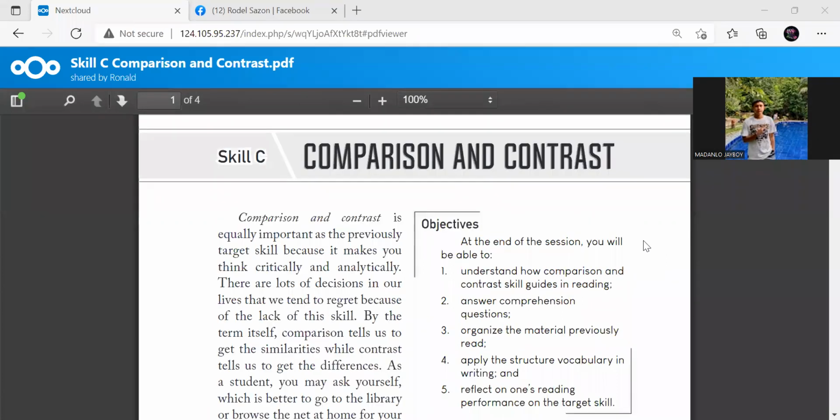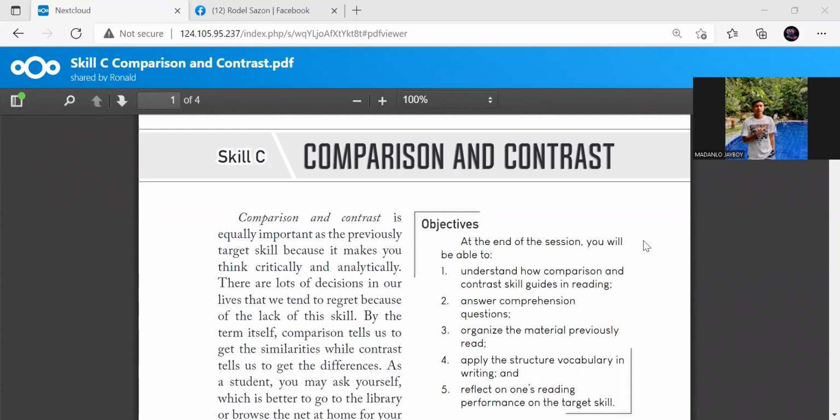Okay, so today we'll be discussing comparison and contrast. I have already posted some videos on how to do the point by point and block type of comparisons. Again, when we say point by point, you would have to discuss the two things in a particular area at the same time.